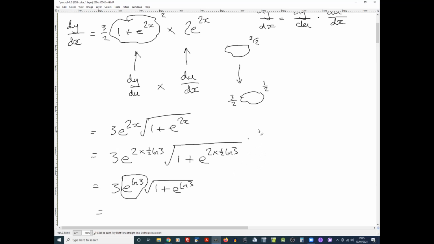Well, what does log to the power anything mean? The power you have to raise the base to, to get that number. So in the case of ln, it's the power you have to raise e to get 3.